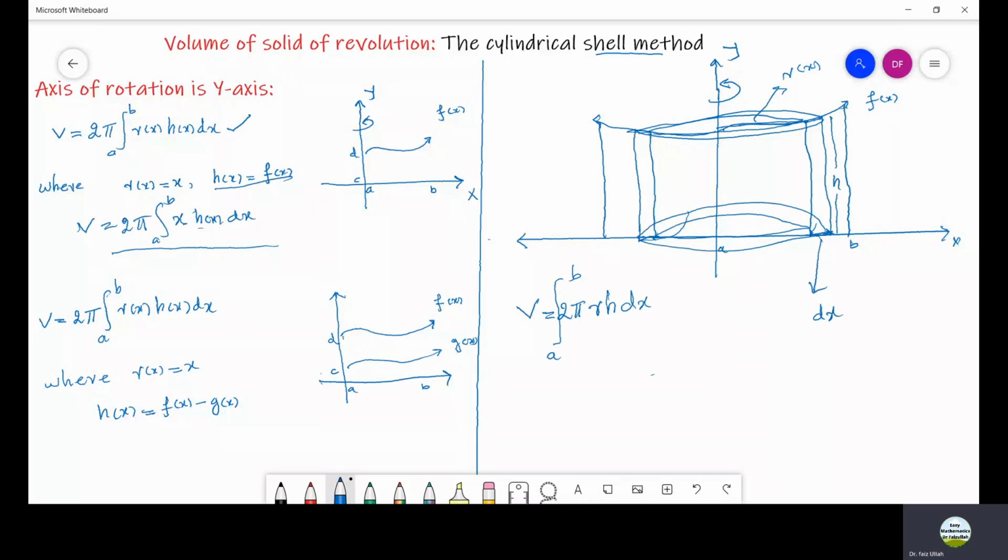If we are given two curves, one is f of x, the other is g of x, and we rotate this region about the y-axis, in that case the remaining formula is the same, but h of x is equal to the bigger curve minus the smaller curve. So that is f of x minus g of x.